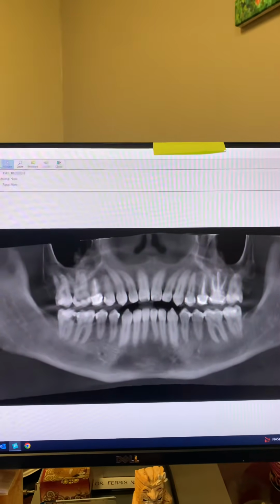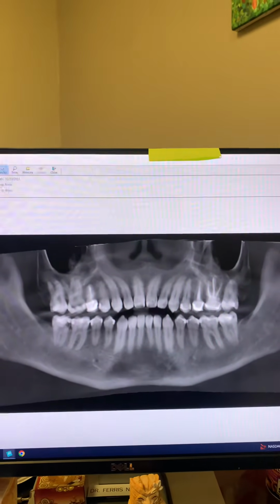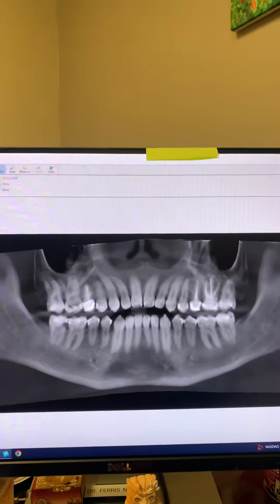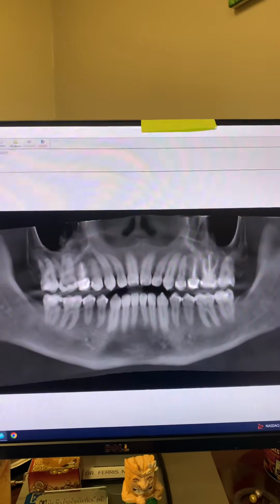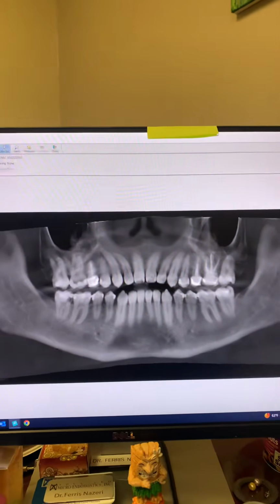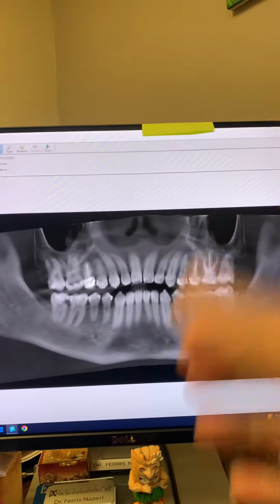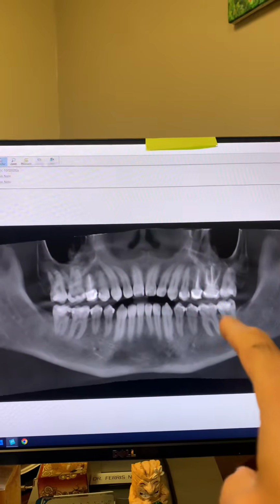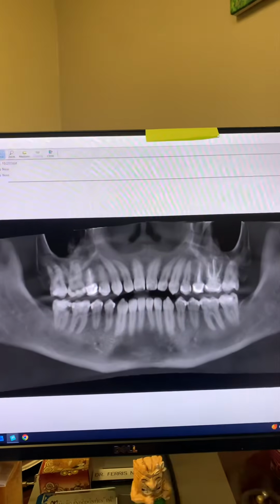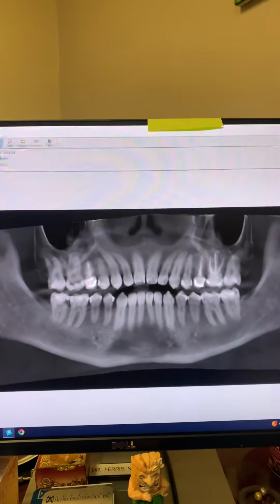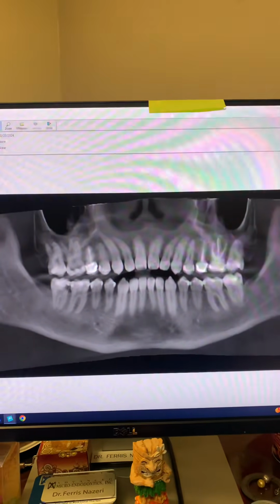You always want to take multiple angulation periapicals and, of course, good bite wings as well. So you cannot base your radiographic diagnosis on a panoramic radiograph for endodontic related matters.